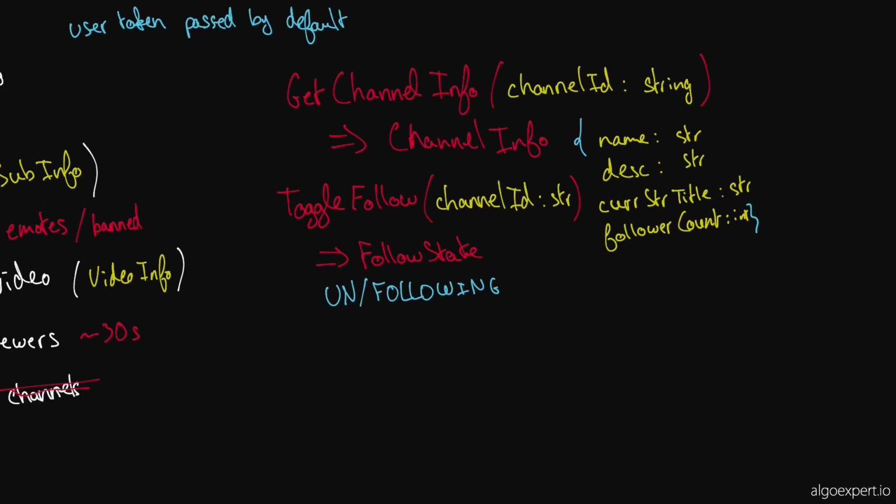That state information about the user is not something that we've gotten in the channel info. The channel info is all stuff purely related to the streamer. So just keep that in mind, and we're going to cover that a little bit later, probably at the end of this design, because I think we're going to have a couple of other things related to the user, some sort of relationship between the user and the streamer.